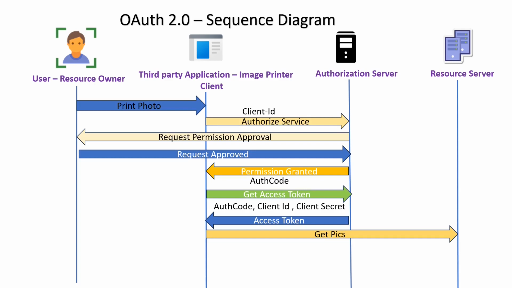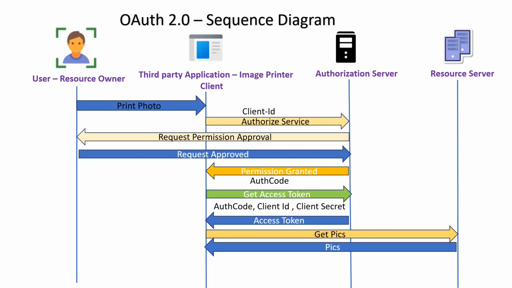After the resource server is able to verify the access token which it received from the third-party application with the auth server, it will send the photographs back to the third-party application. With this, the flow concludes.